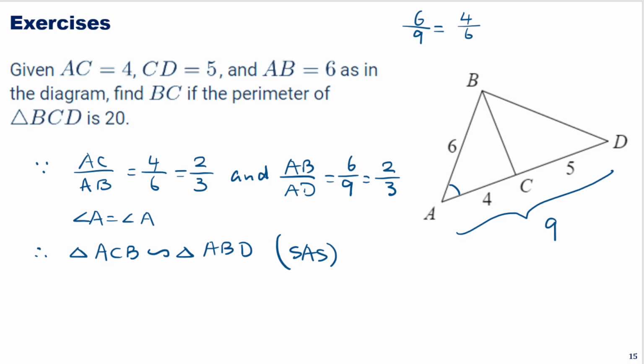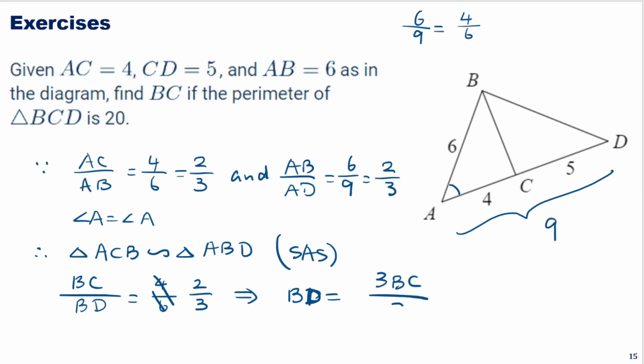Then how do you know the length of BC? BC over BD also equals 4 over 6 or 2 over 3, right? So that means, let's say BD, BD is 3BC over 2, right?